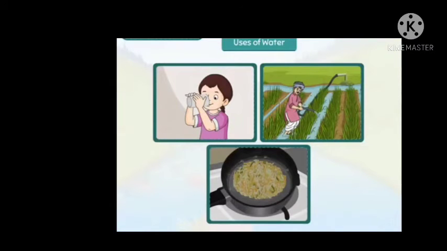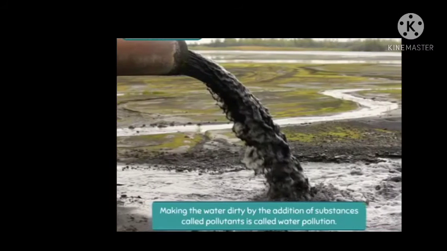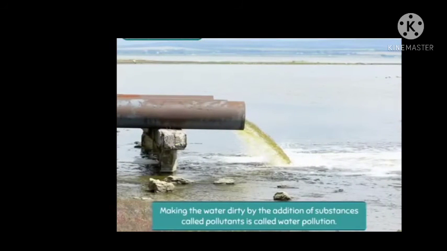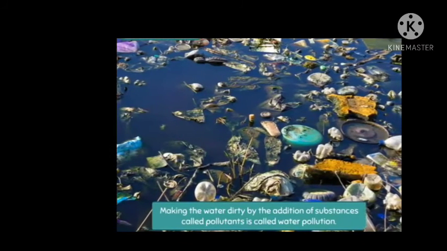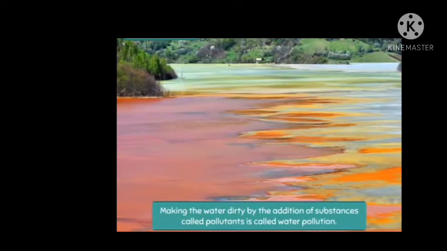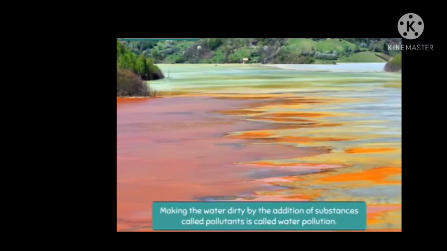We use water for so many purposes, and while doing so, we also make water very dirty. Making the water dirty by the addition of substances called pollutants is called water pollution. Let us try to learn more about water pollution and how we can reduce it.